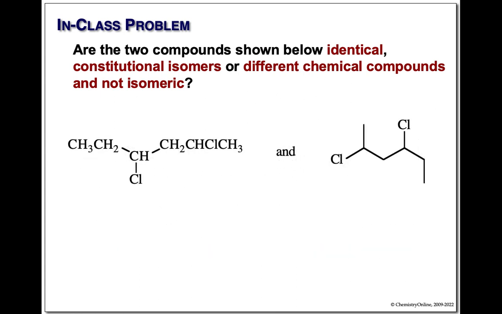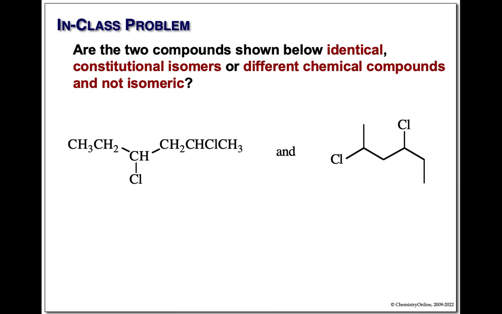Look at these 2. Now in the condensed structure here, this carbon, we have the H afterwards. That means the hydrogen is attached to it. And the chlorine is also attached to it.